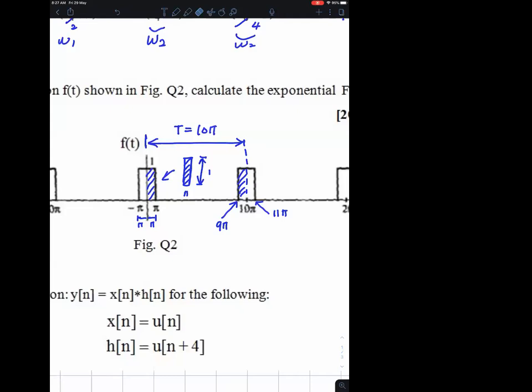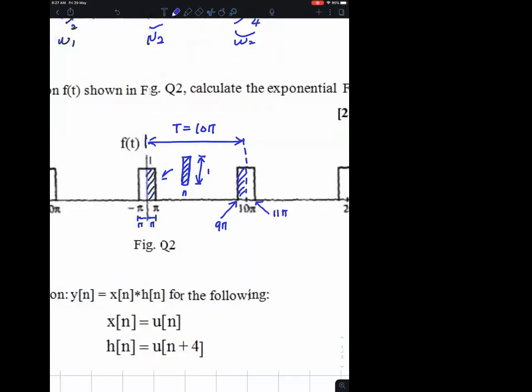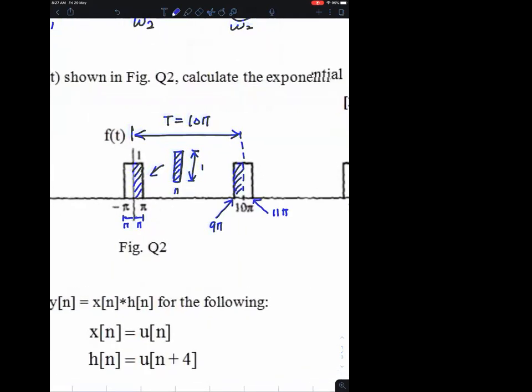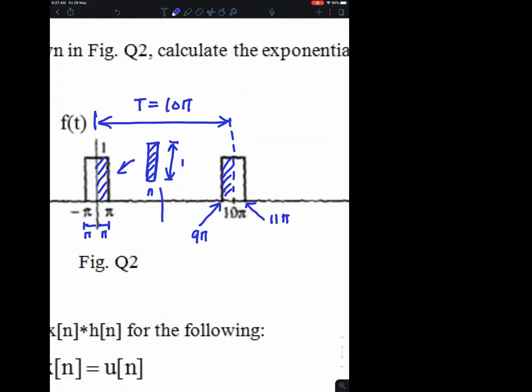Similarly, the area here is 1 times pi, and the area here also is 1 times pi. So 1 times pi is pi.